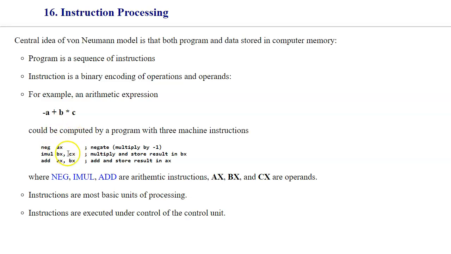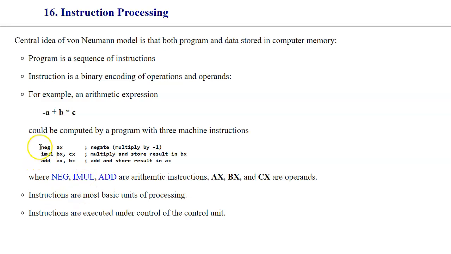Arguably, using these registers is similar to using variables or values somewhere in memory A, B, and C. So these are examples of instructions with their unique mnemonics of operations and the set of operands that they actually operate on.